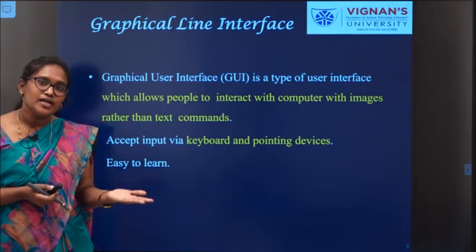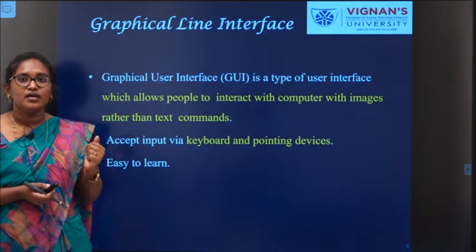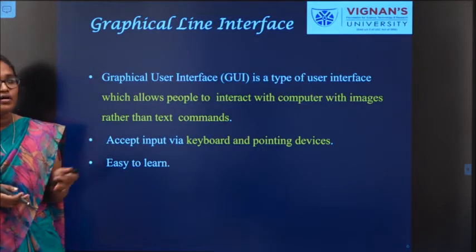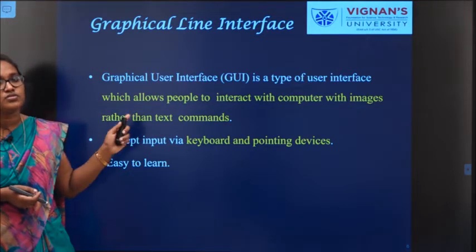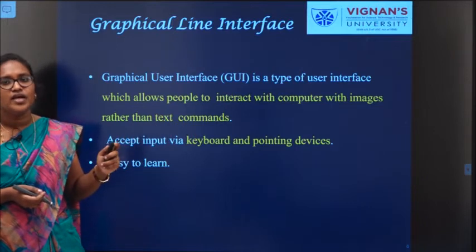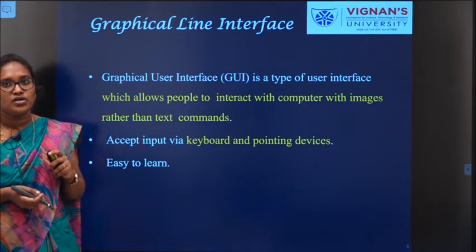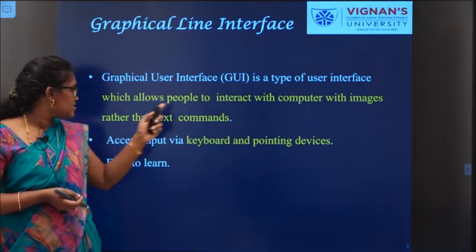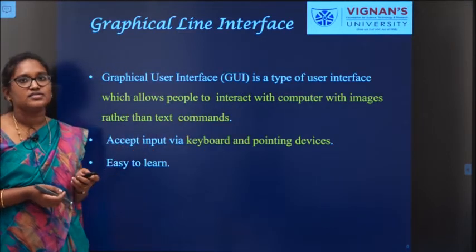In the command line interface you are giving commands in order to communicate with the computer, but in the graphical user interface, instead of commands you are clicking or using images rather than text commands.